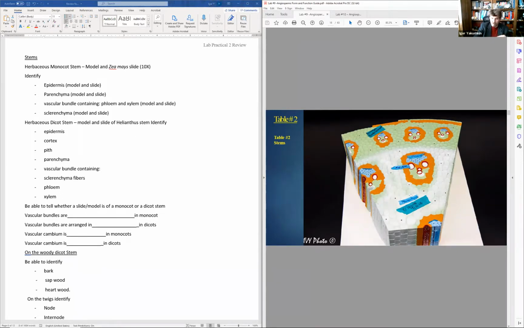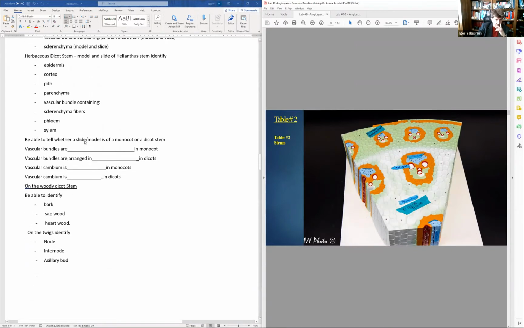Pith is in between the vascular bundles. Sclerenchyma, phloem, vascular bundle, parenchyma. Parenchyma is basically all of those cells. Cortex is outside, between the vascular bundles and the epidermis. Pith would be the central part, of course, and the epidermis the outer part.